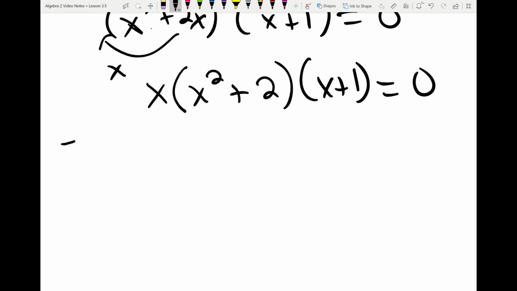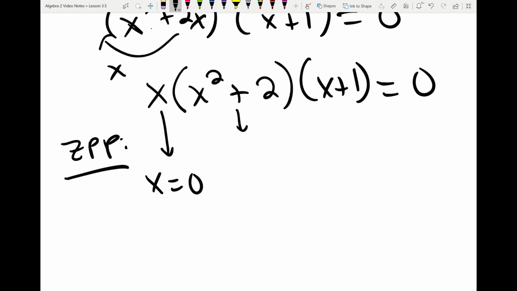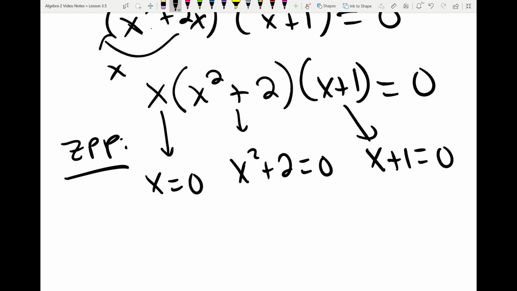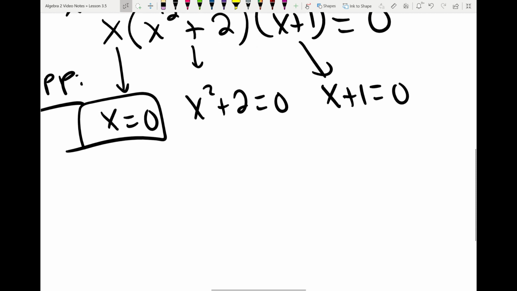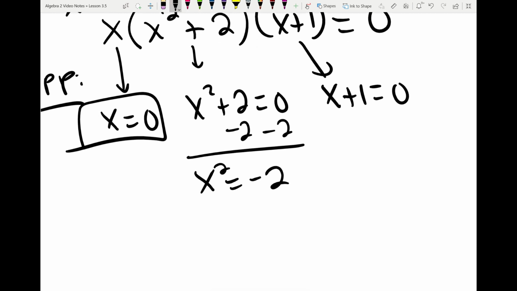We can solve it. Let's use the ZPP, zero product property. So we have x equals 0. We have x squared plus 2 equals 0. And we have x plus 1 equals 0. So x equals 0 is automatically one of our answers. This one we've got to actually solve by subtracting 2 on both sides.